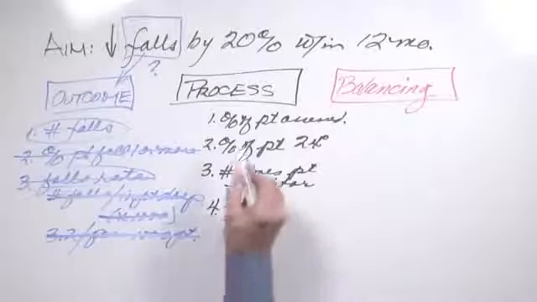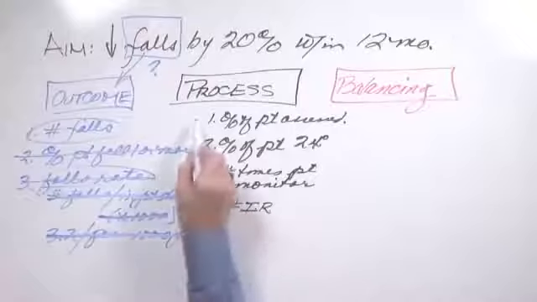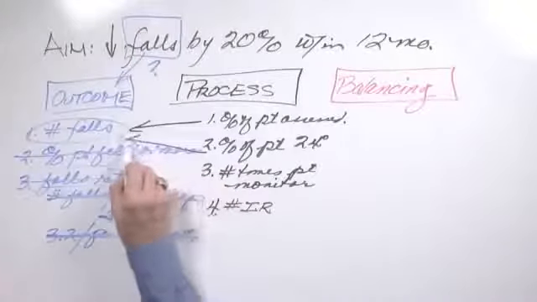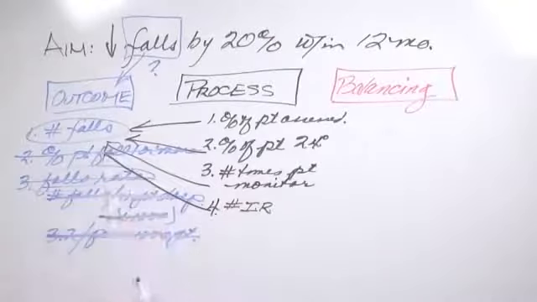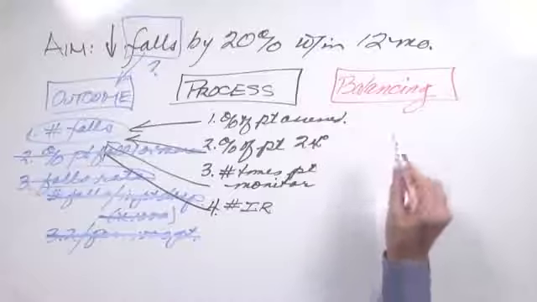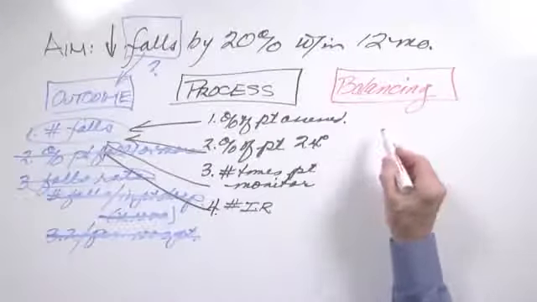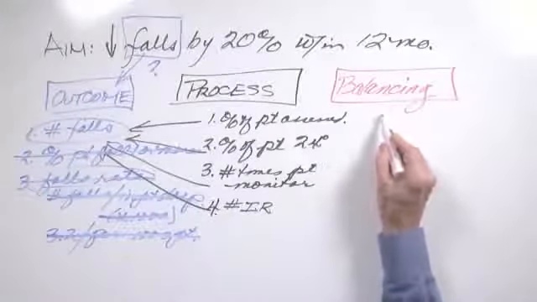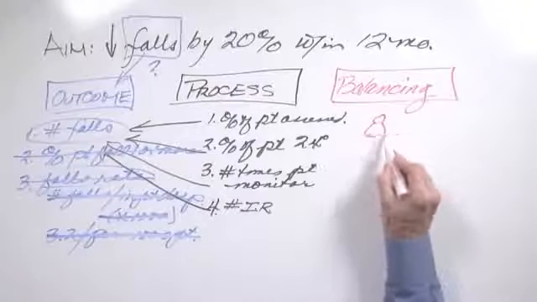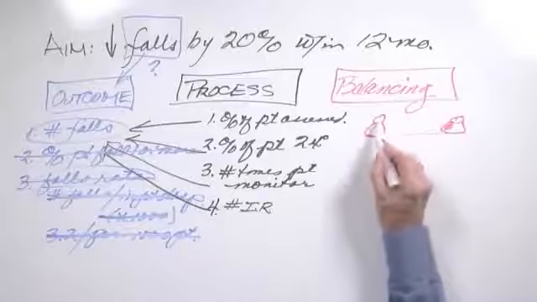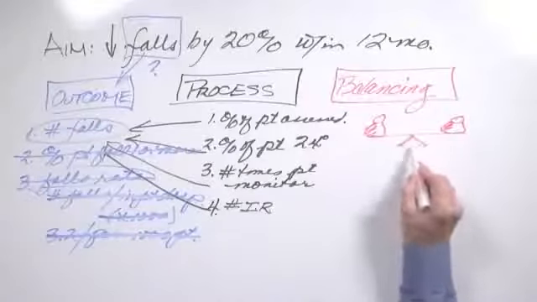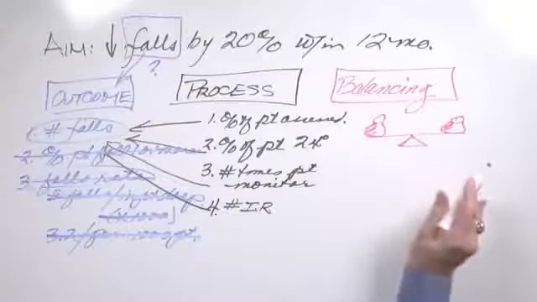So now what we've done is we've identified three process measures that we believe have an impact on changing the falls that we're observing. Now, let's move to the balancing measures. As I mentioned, balancing measures are not always necessary, but if you think about balancing measures, it's almost like a teeter-totter, and you want to find out if, in fact, we are keeping the system in balance or if it's teetering one way or the other.